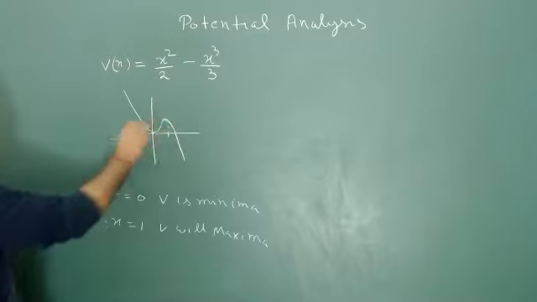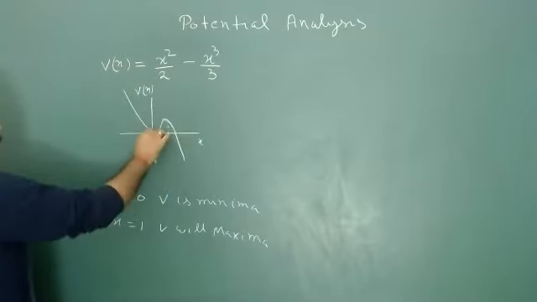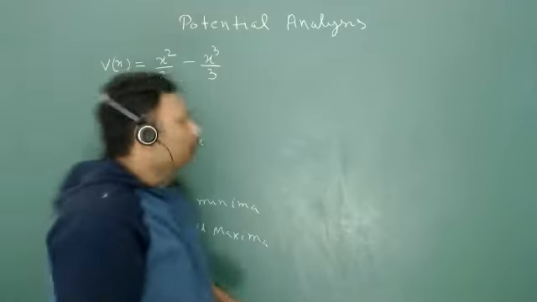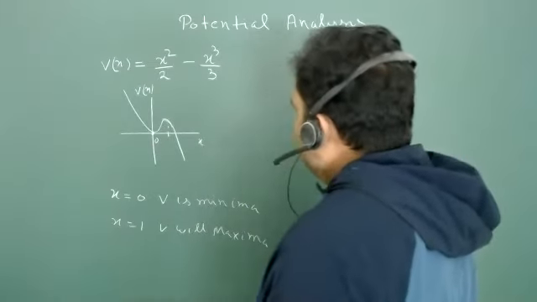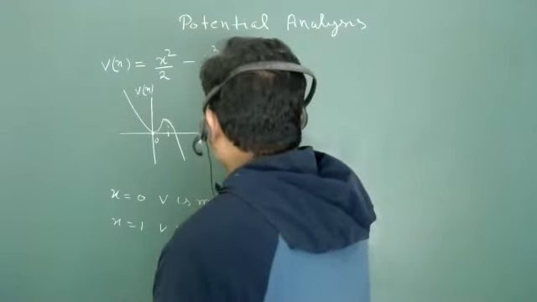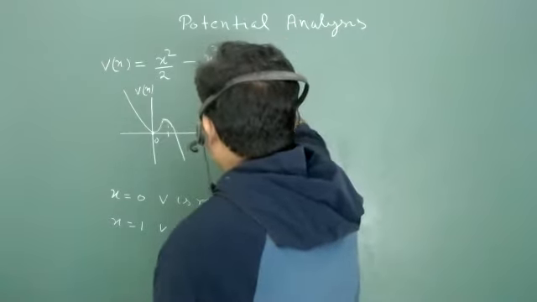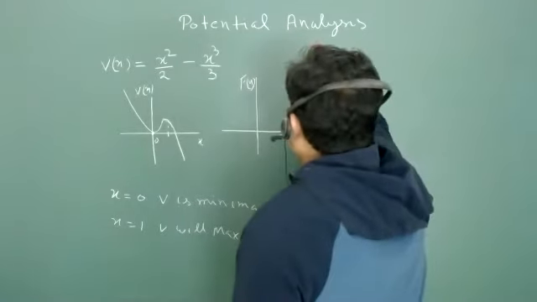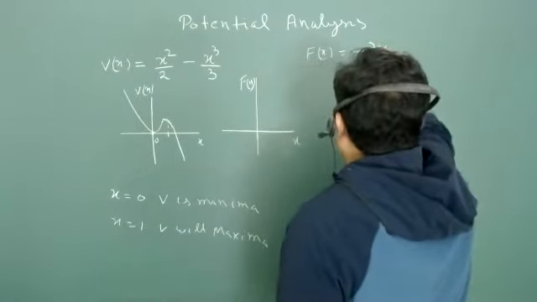This is my potential V(x) versus x, and this point is 0, this point is 1, and this point you can remember is 1.5. And if we are going to plot the force, I can use F(x) versus x. That force is F(x) equal to minus del V upon del x.